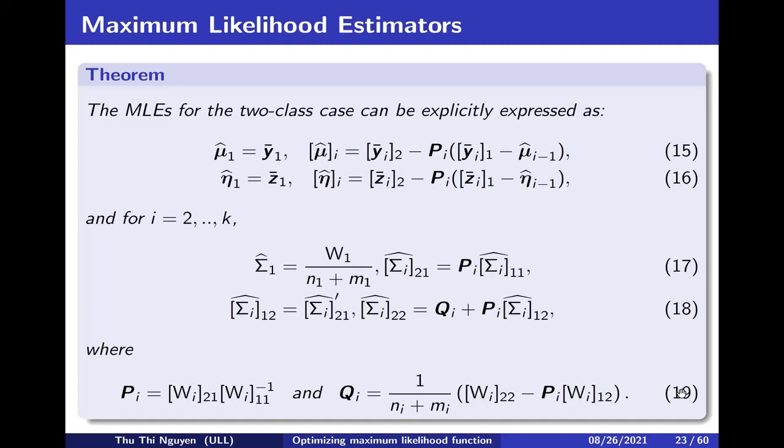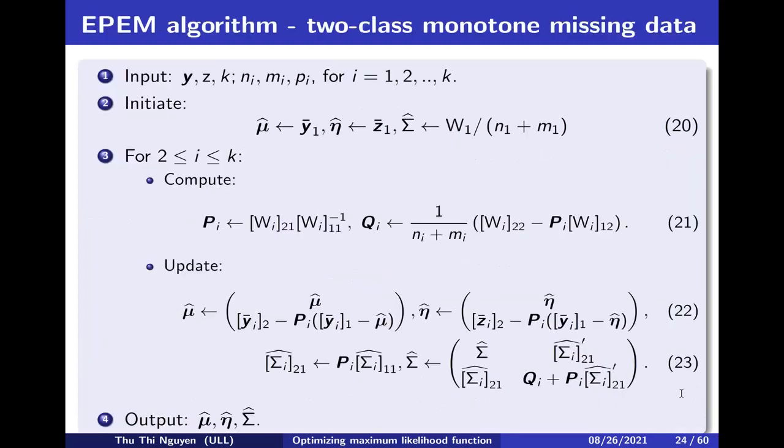So based on this theoretical insight, we have the following algorithm for the estimation of two-class monotone missing data. First we initialize mu hat, eta hat, and sigma hat as in equation 20, and then for I from 2 to k, we compute P I and Q I based on equation 21.